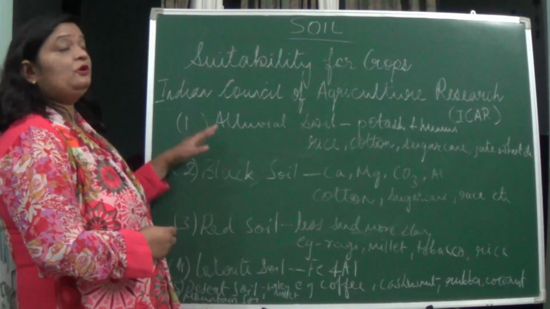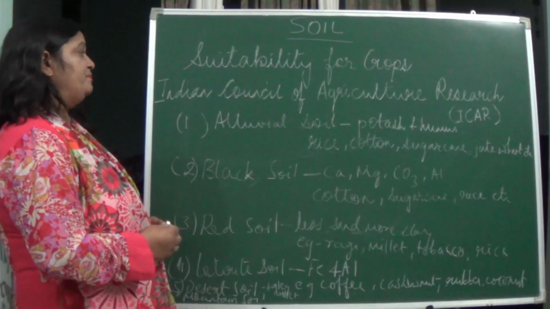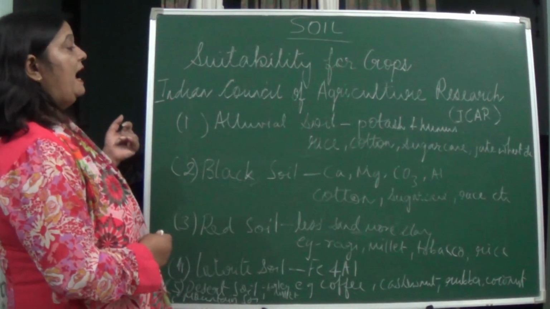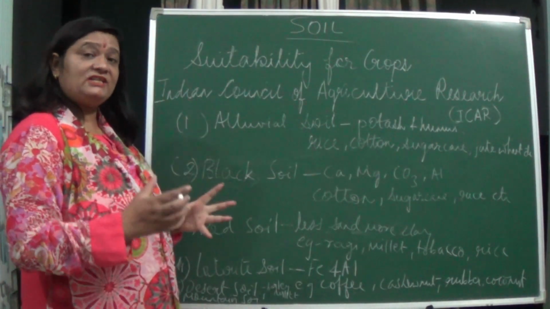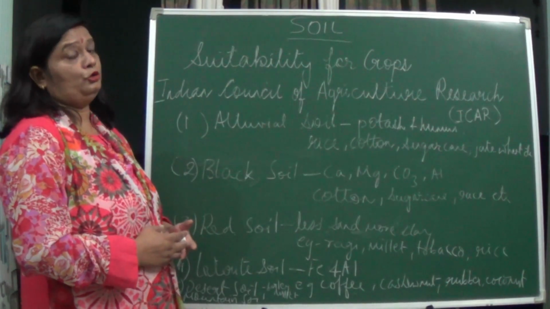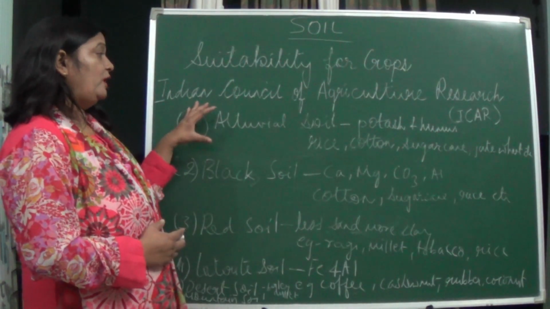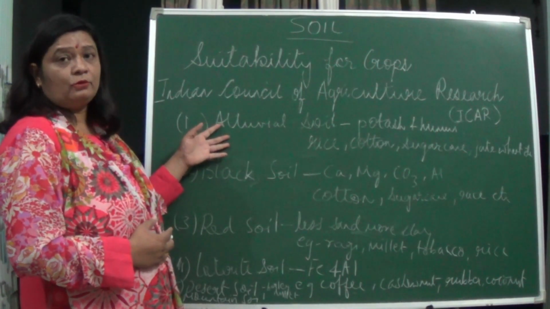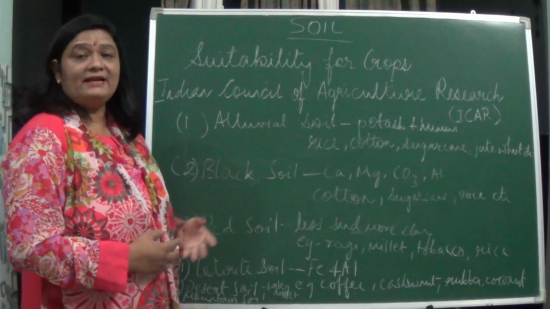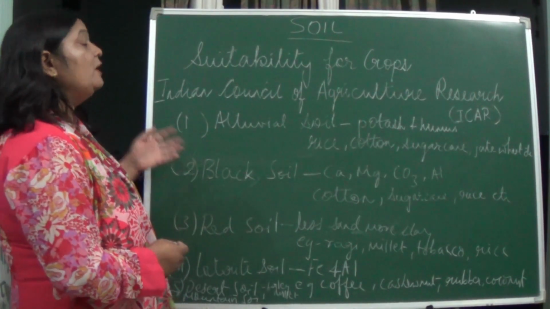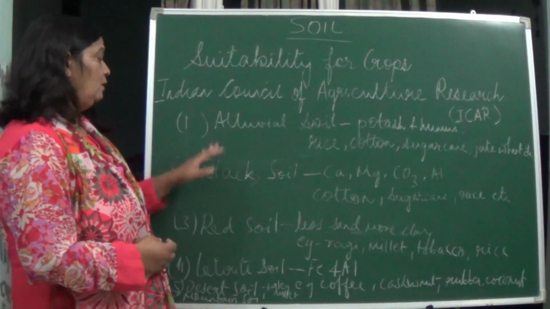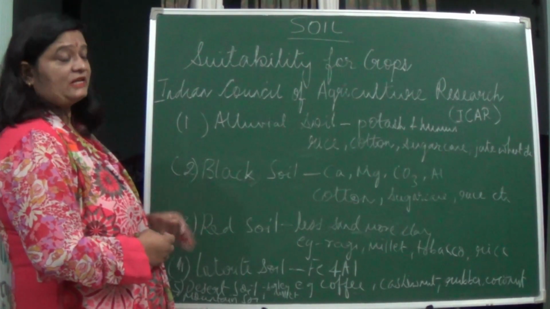If we talk about the alluvial soil, it mainly consists of loamy soil, and it is rich in potash, which means potassium, and humus. If the soil is rich in potassium and humus, which crops will grow well? Rice, cotton, sugar cane, jute and wheat grow well in alluvial soil. Then comes the black soil.